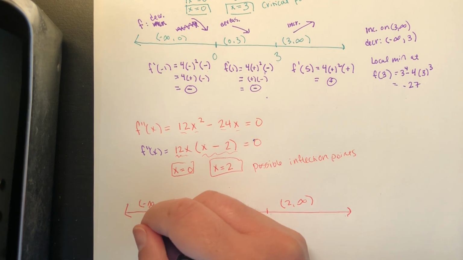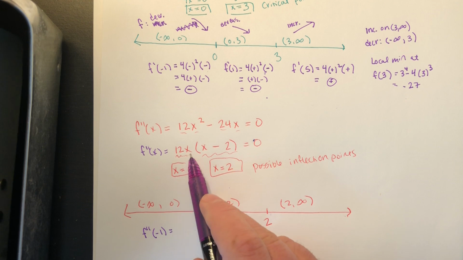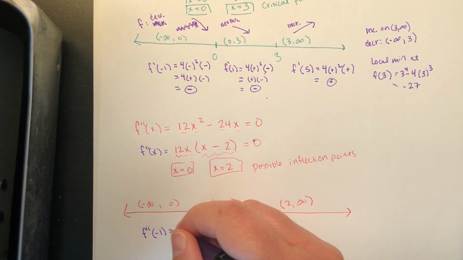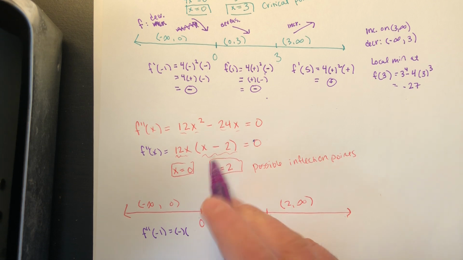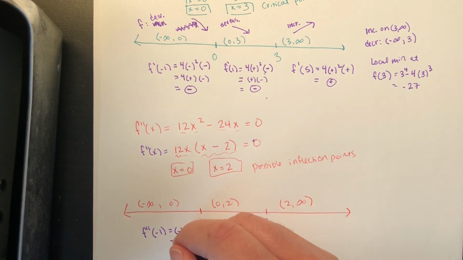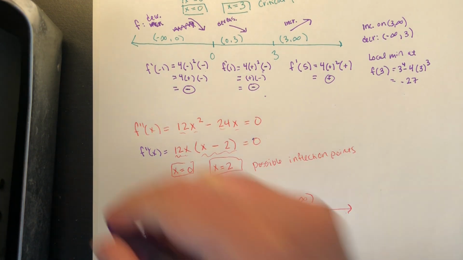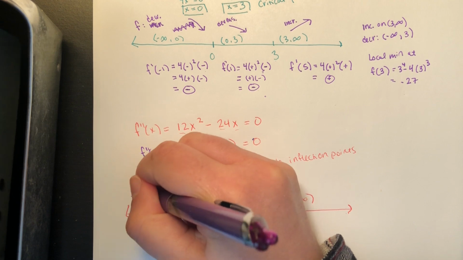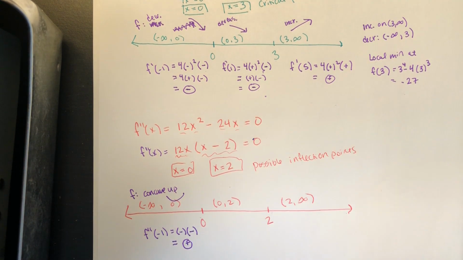So let's plug in something like negative 1 into the second derivative function. We'll get 12 times negative 1, which is negative, times negative 1 minus 2, which is negative, and the negative times the negative is positive. Okay, that tells us that our original function f is going to be concave up on this first interval, right?